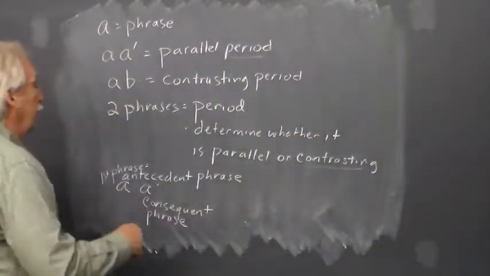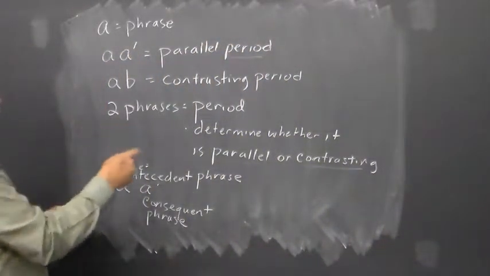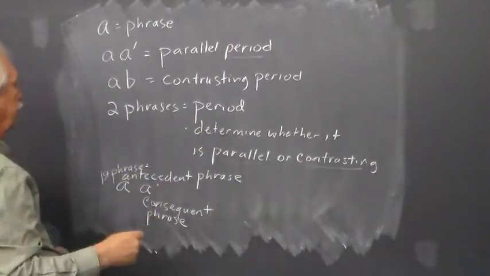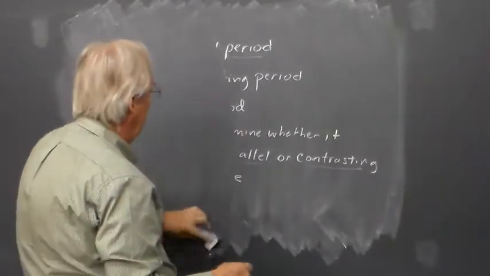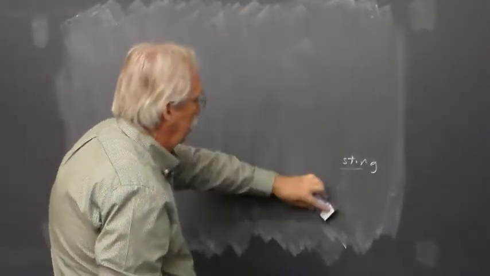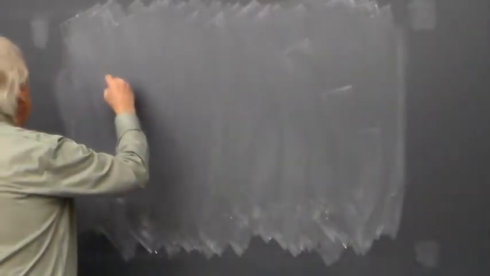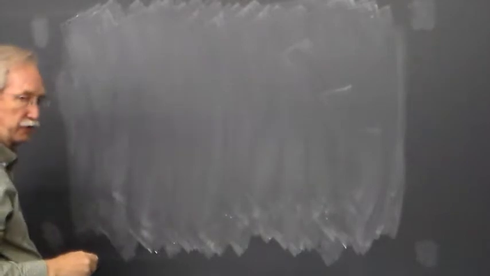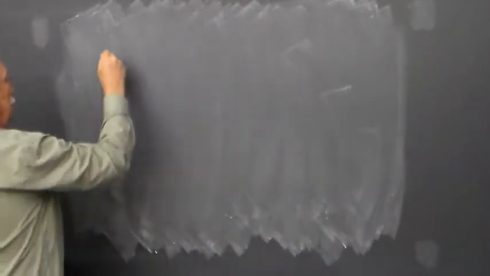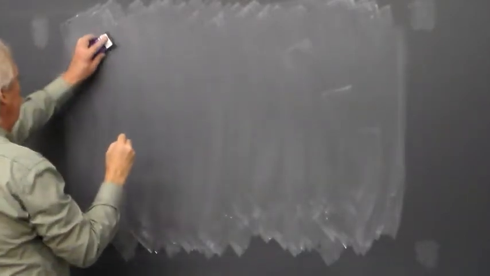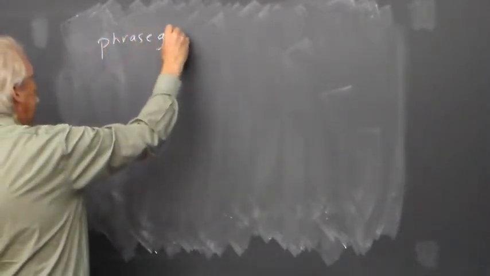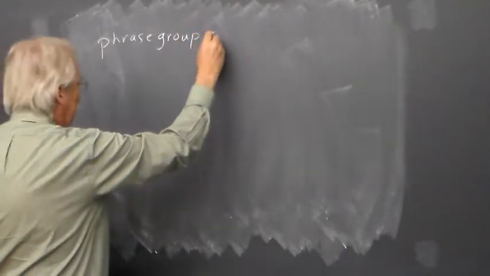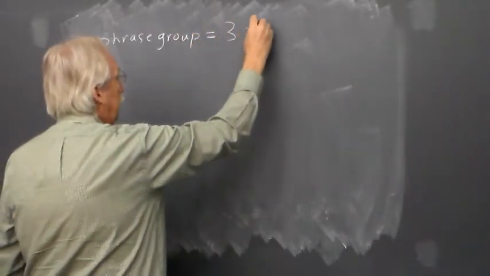So, combination of two phrases equals a period. Then, if you have three phrases that are combined together, then that equals a phrase group. And so, we'll just write here, phrase group equals three phrases.